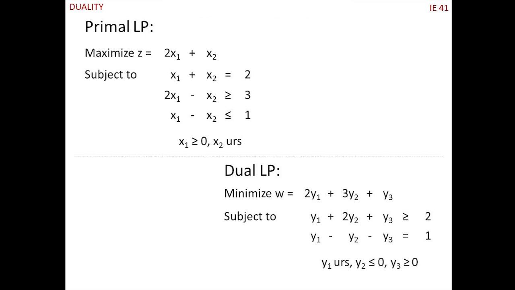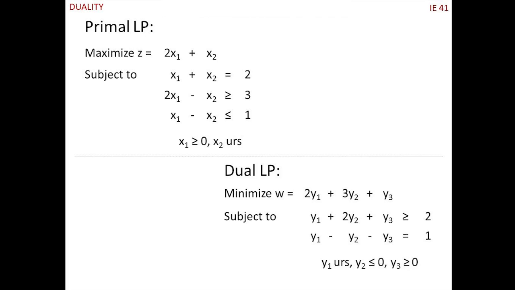Min W is equal to 2y sub 1 plus 3y sub 2 plus y sub 3, such that y sub 1 plus 2y sub 2 plus y sub 3 is greater than or equal to 2, y sub 1 minus y sub 2 minus y sub 3 is equal to 1, y sub 1 is unrestricted, while y sub 2 is less than or equal to 0, and y sub 3 is greater than or equal to 0.